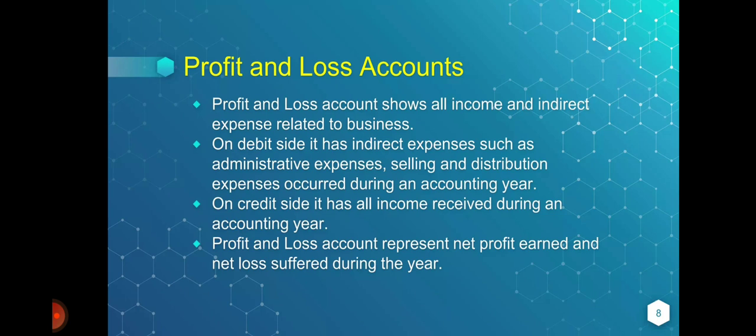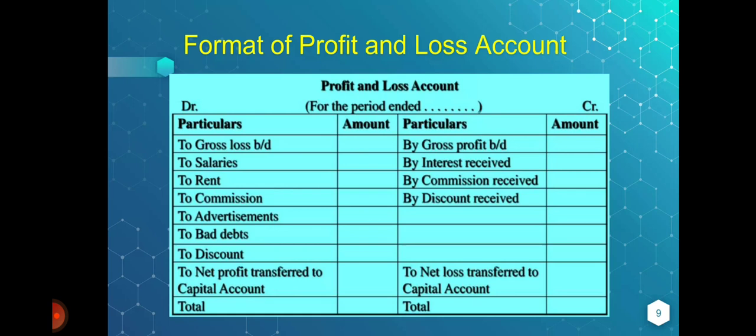On the debit side of the profit and loss account, we will be entering all the expenses such as administrative expenses, selling expenses, distribution expenses occurred during an accounting year. On the credit side, all incomes received during an accounting year have to be entered. So this is the format of the profit and loss account.